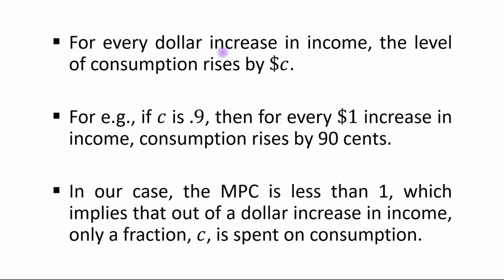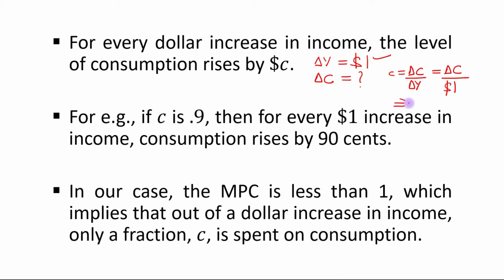For every dollar increase in income, the level of consumption rises by $c. That is, when the change in income is $1, how much will be the change in consumption? We know that MPC equals change in C upon change in Y. So we need to find change in C, and change in Y is $1.